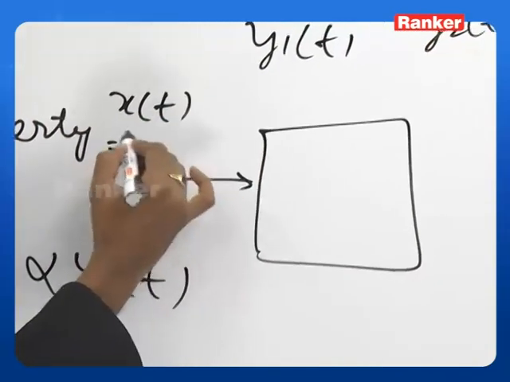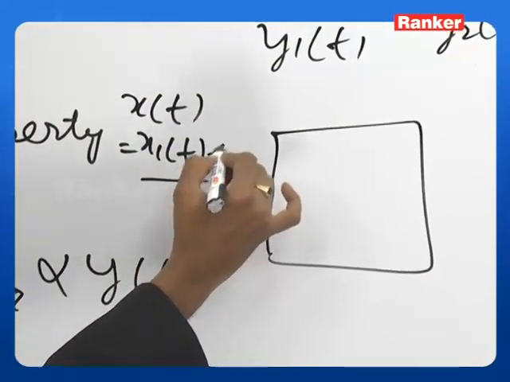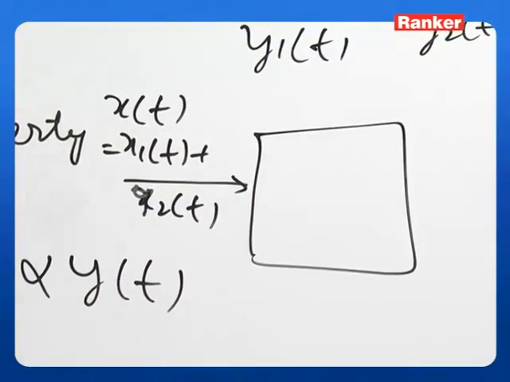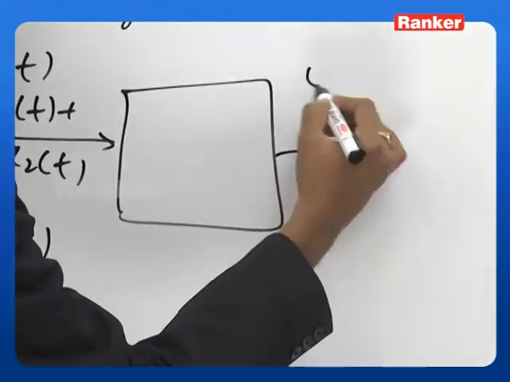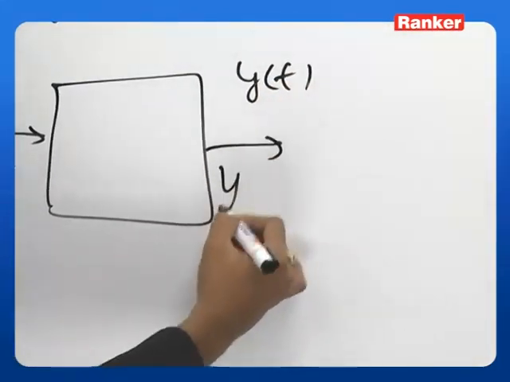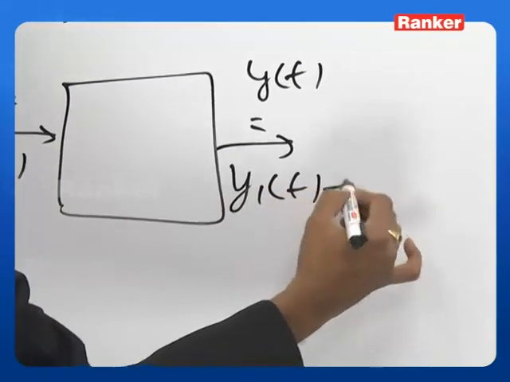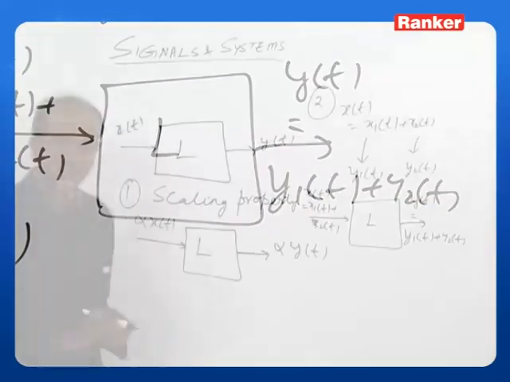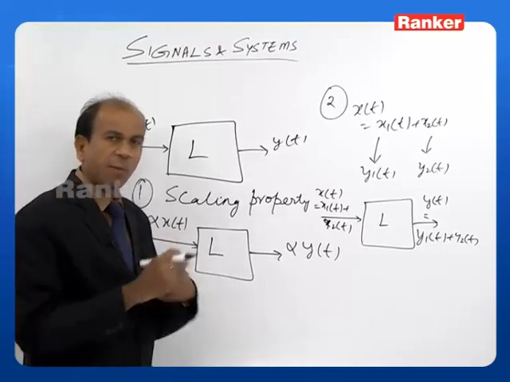What is x of t for us here? x1 of t plus x2 of t. Now the output will be y of t, and this is equal to y1 of t plus y2 of t. Then the system is a linear system. That is, we are satisfying the property of superposition.